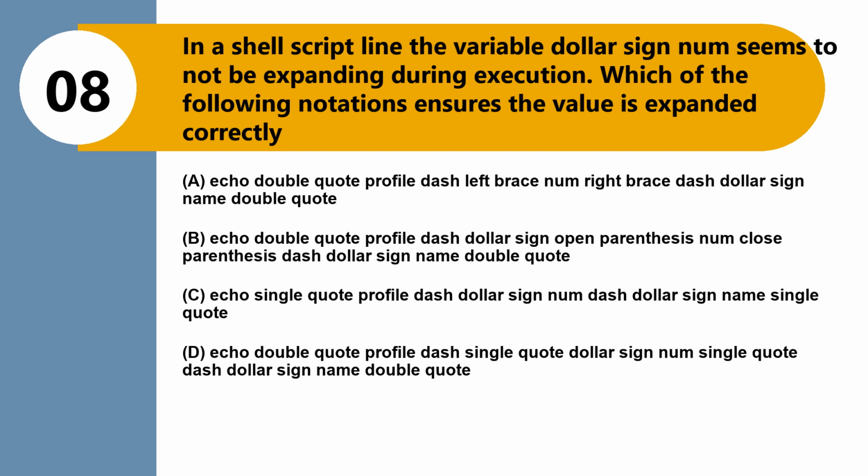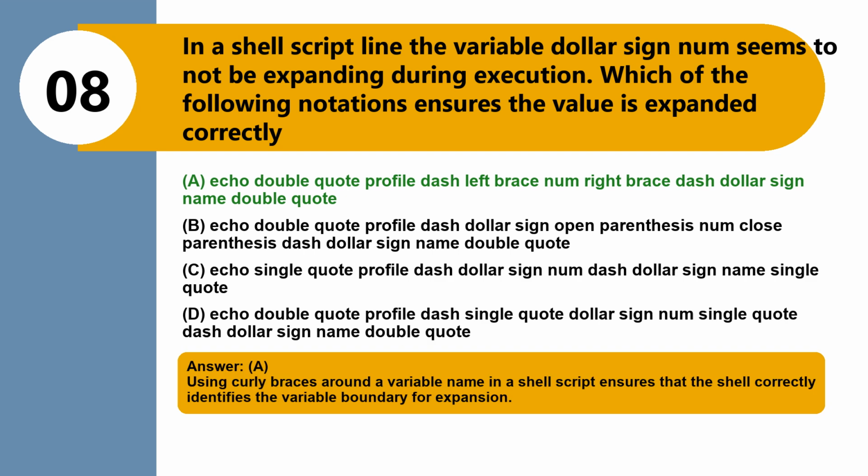Option C, echo single quote profile dash $number dash $name single quote. Option D, echo double quote profile dash single quote $number single quote dash $name double quote. The correct answer is option A, echo double quote profile dash left brace number right brace dash $name double quote. Using curly braces around a variable name in a shell script ensures that the shell correctly identifies the variable boundary for expansion.